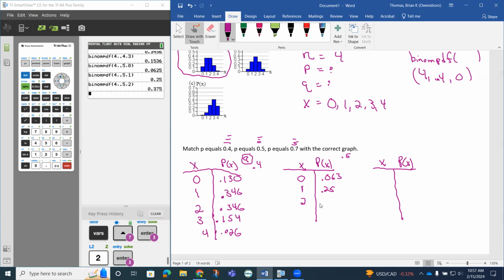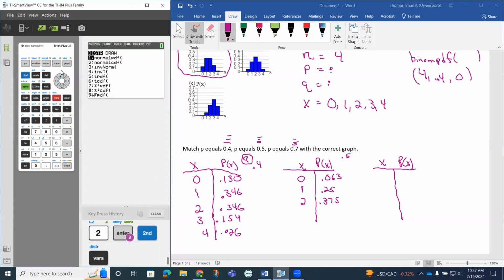So 2 would be 0.375. Notice that since our probability is a little bit higher, these numbers are moving where I get a little bit better chance for successes. So I have a lower chance for 0 successes. I have a lower chance for 1 success, but since my probability is higher, I should have a better chance of getting more successes. So as I move forward, I should be getting higher numbers.